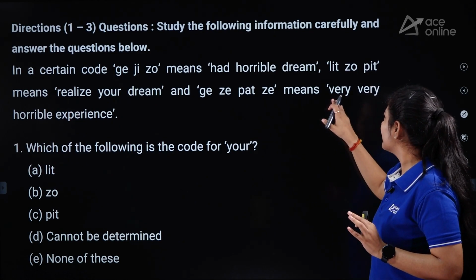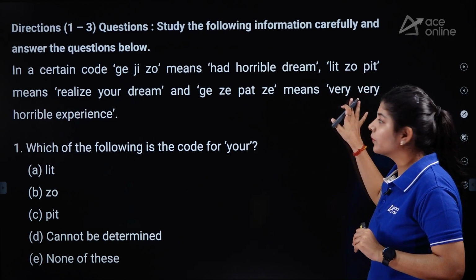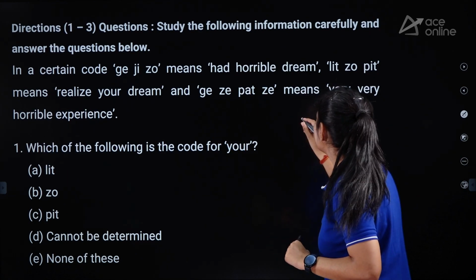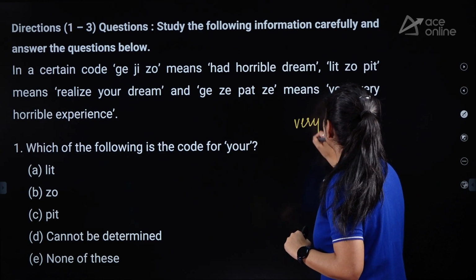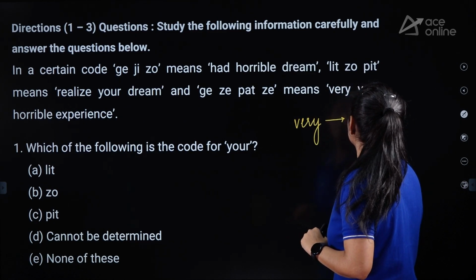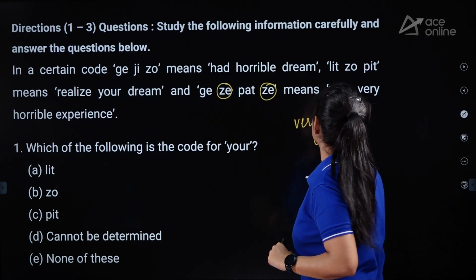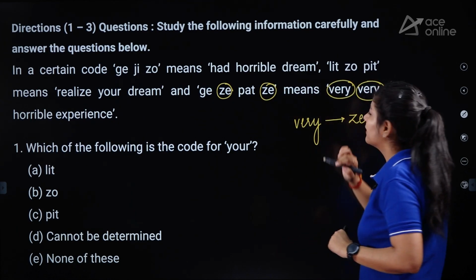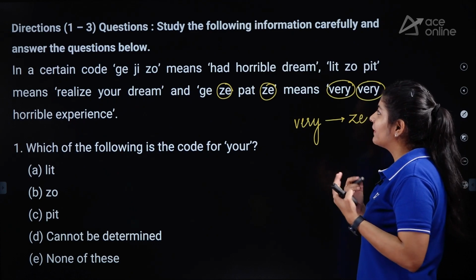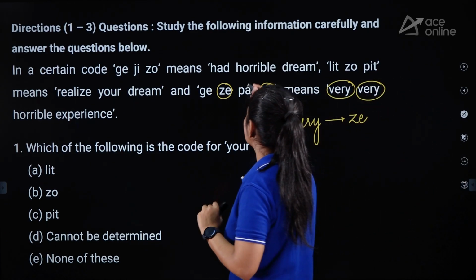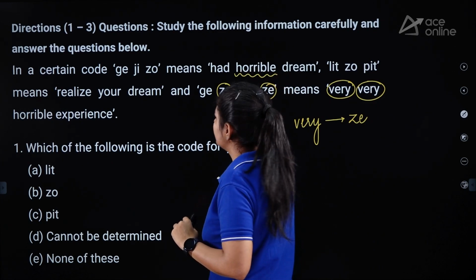Now, as we are having the repeated word and these two codes common, we can easily say that for very we are using ZE. We can easily identify this, right? Okay. Now, as I'm reading all these clues, I'm getting one word common, that is horrible.